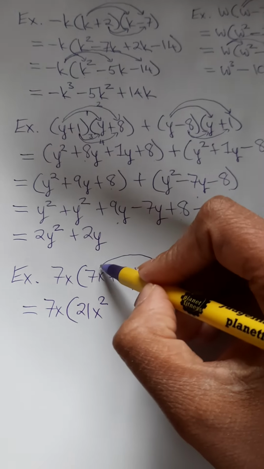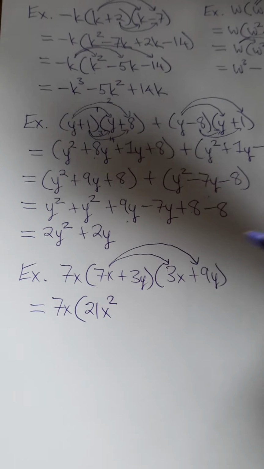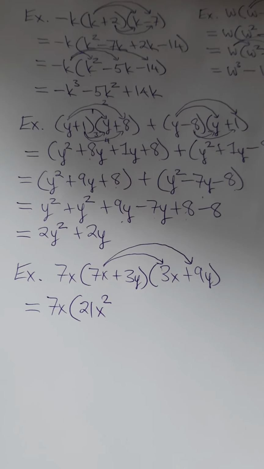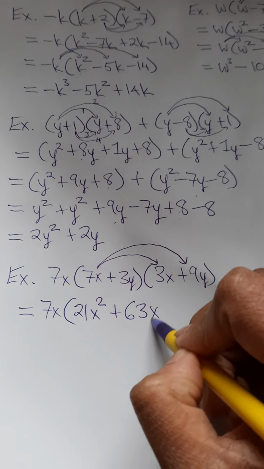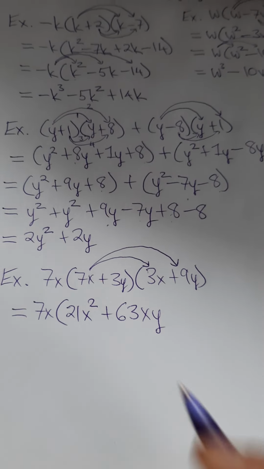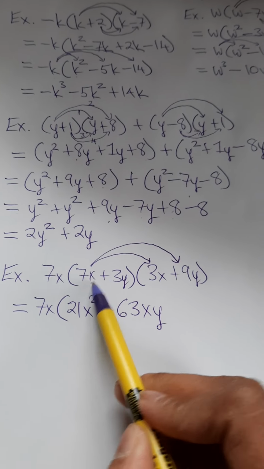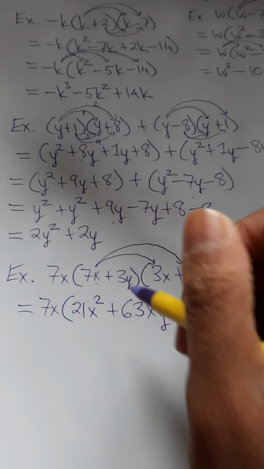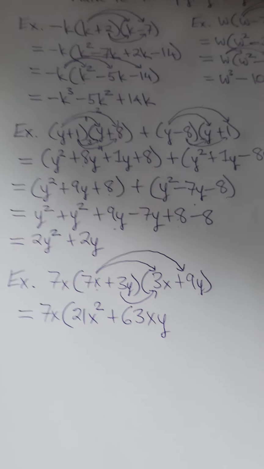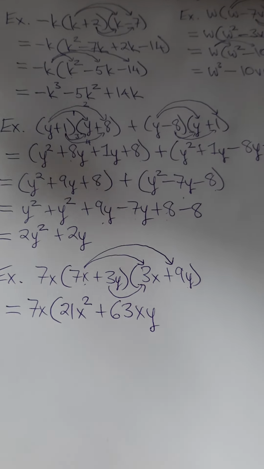Okay, then you're going to do 7x times 9y. Okay, so positive 63xy. Okay, so you notice here I have an x for the 7x. For the 9y, you have a y, so it becomes xy here. Then you're going to go to the middle two terms.